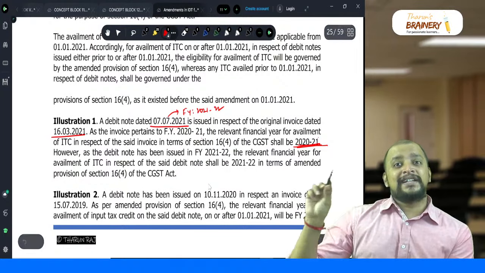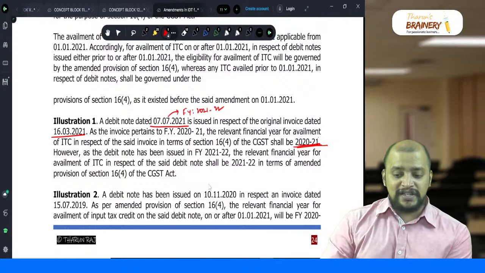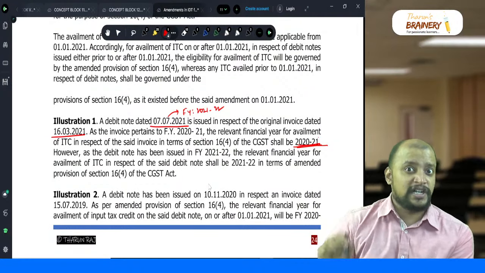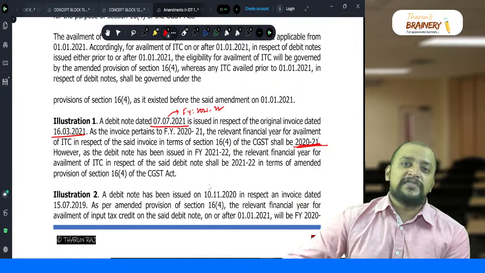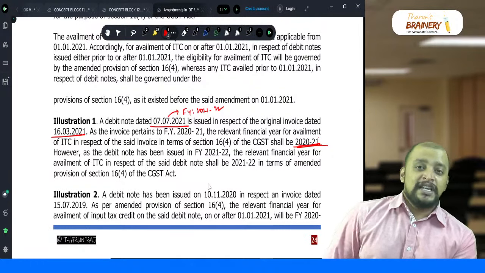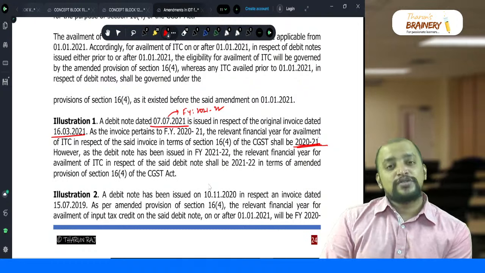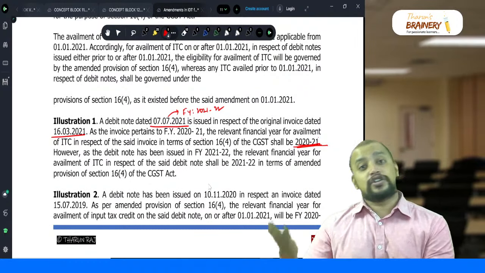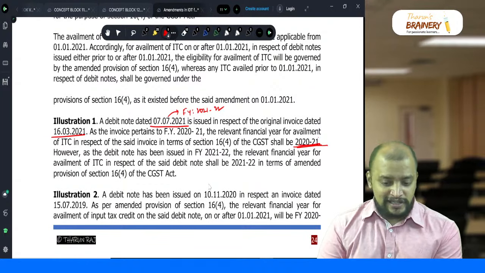So that is 20th October 2021 or date of filing annual return, whichever is earlier, not the due date of filing annual return, but the actual date of filing annual return. And remember, usually the annual return due date is 31st December. Which idiot will file annual return before 20th October? 31st December means our people will not file even on 30th December. Okay. So who will be filing before 20th October and all? So therefore, usually it is 20th October.